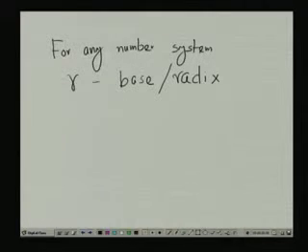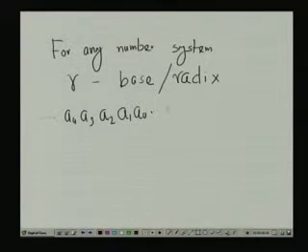Say I have a number in that number system whose base is R, with digits A0, A1, A2, A3, A4 and so on, and after the decimal point it has some A minus 1, A minus 2, etc.